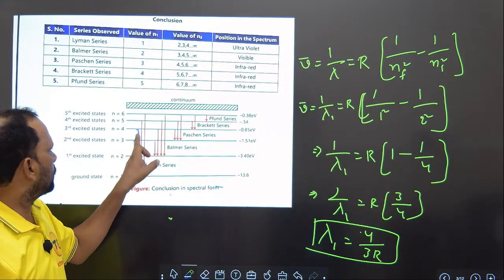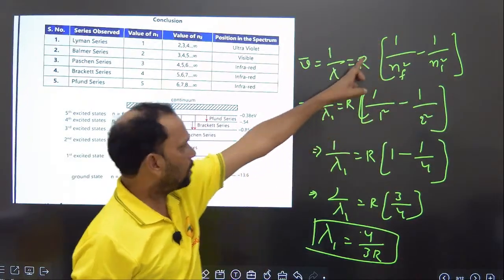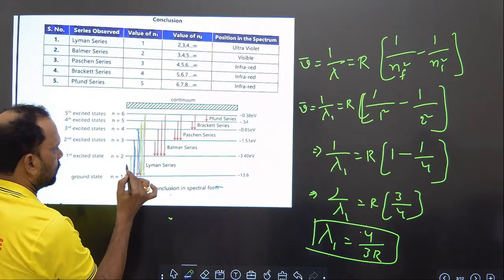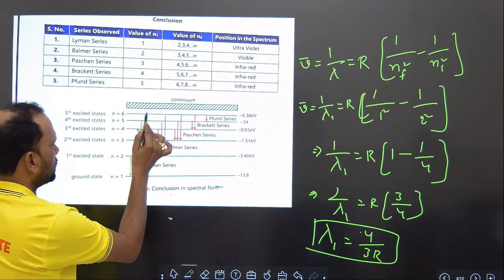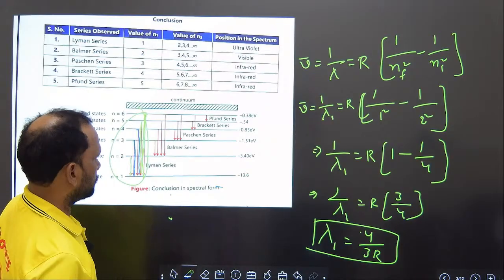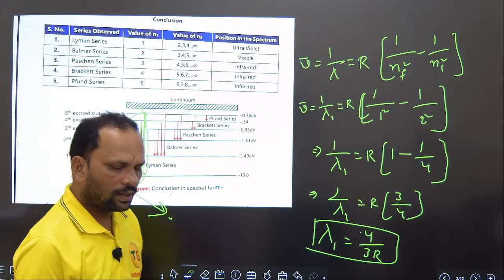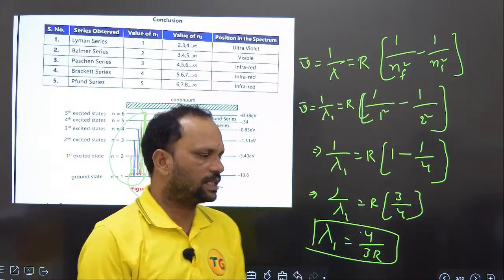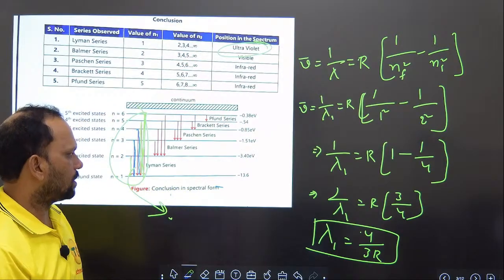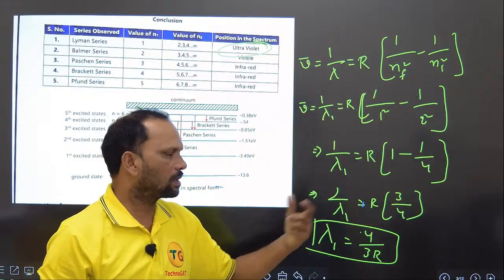If you want the third member, n2 is equal to 4 and n1 is equal to 1, and so on for the fourth and fifth members. Like this, you can find the Lyman series. Whatever the energy or wavelength in the Lyman series, it is in the ultraviolet region.